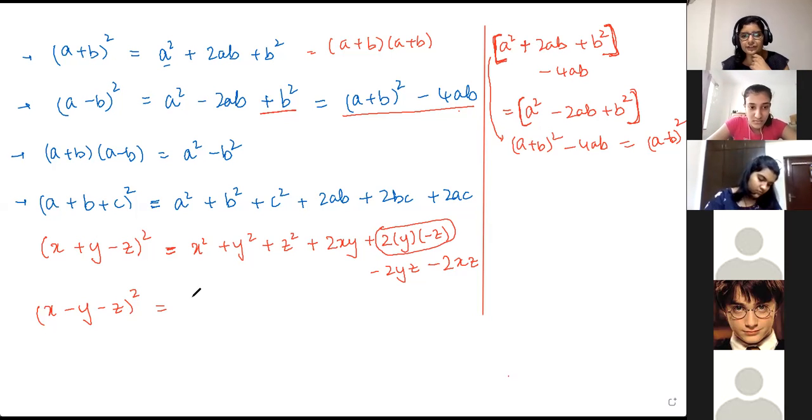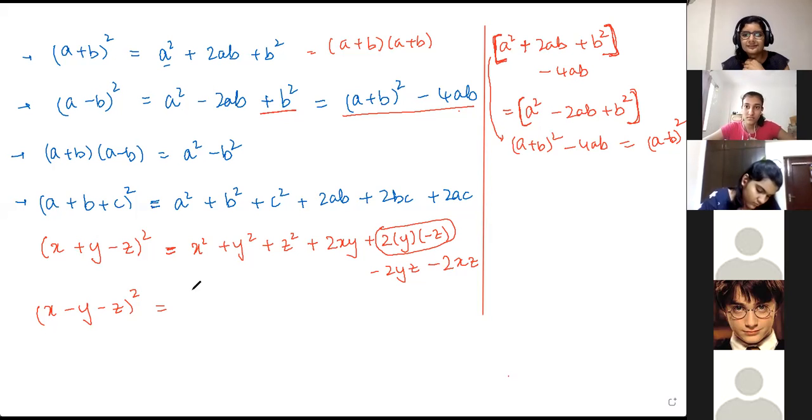Very nice. Sujal's already solved it. Absolutely right. Got it. Swayam, where are you? What happened? Say it, Swayam. Your turn to speak the answer.